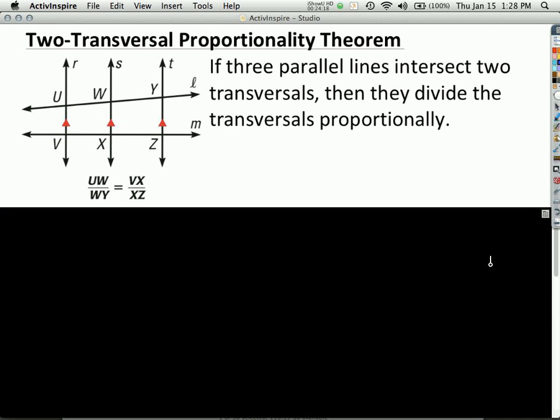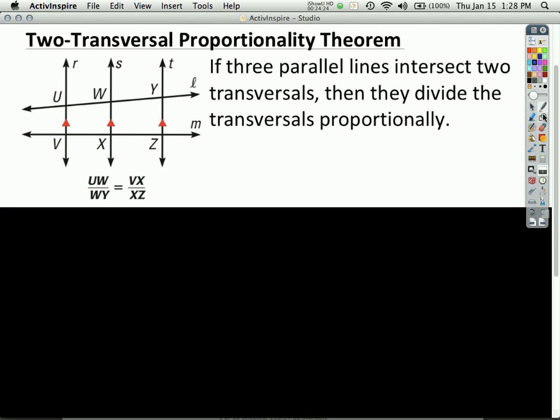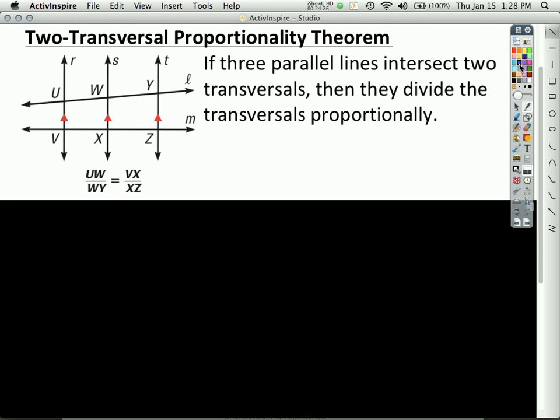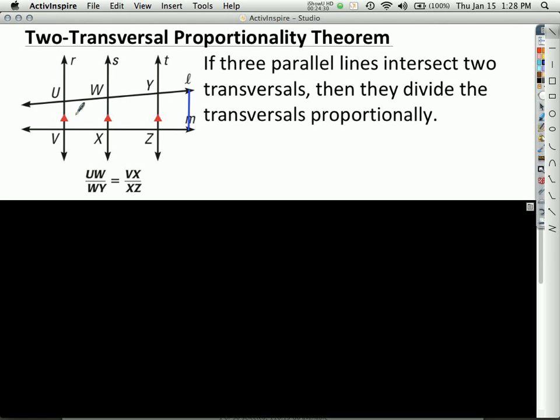And the interesting thing is that this is actually the same thing as the other theorem. Because look at what happens if I connect this to this right there, and if I extend this all the way this way, and I extend this all the way this way, what would that form if I was able to extend those lines until they met?